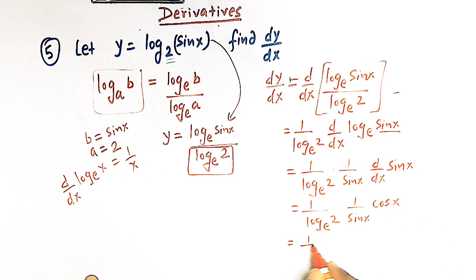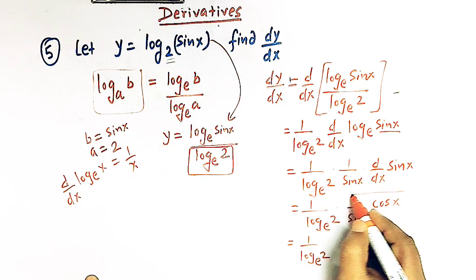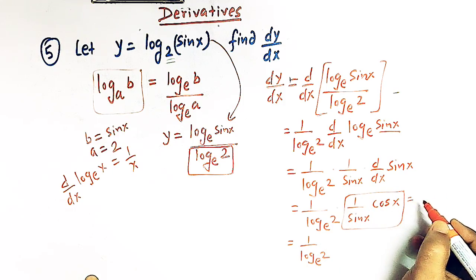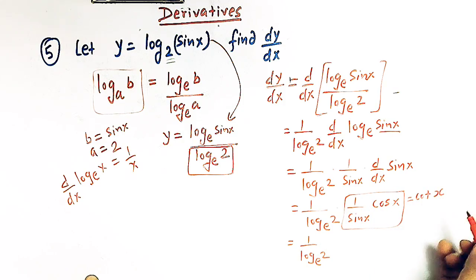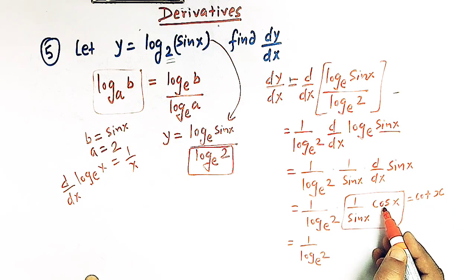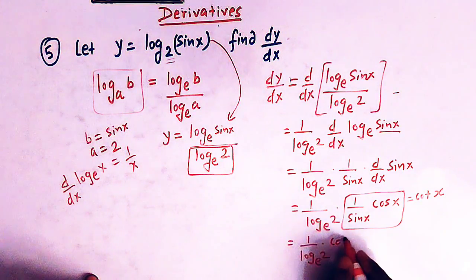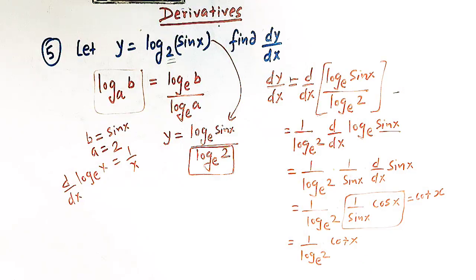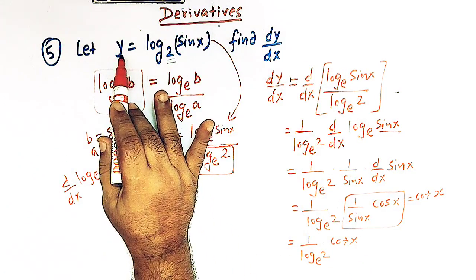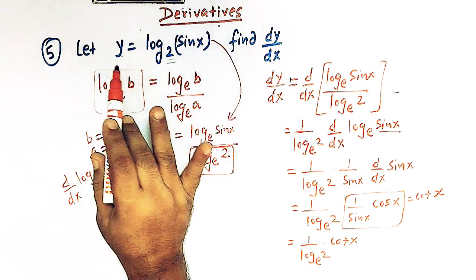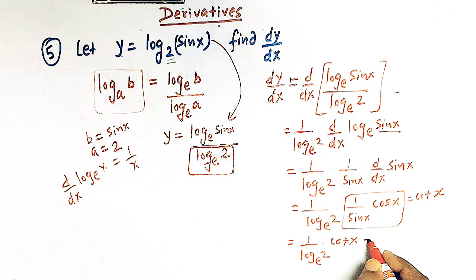And now we can write 1 over log of 2 to the base e, and this term is equal to cot x, because cot x is cosine x divided by sine x. So here we have cot x. So the derivative of y with respect to x, that is dy over dx, is given by cot x divided by logarithm of 2 to the base e.